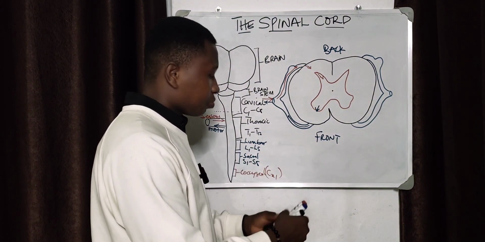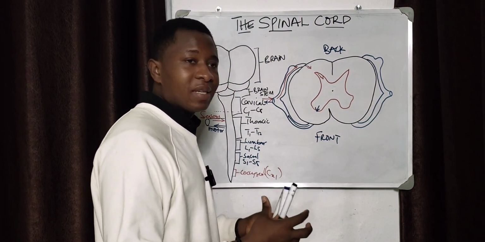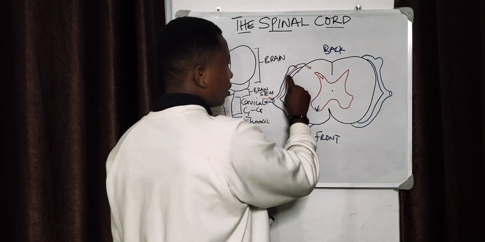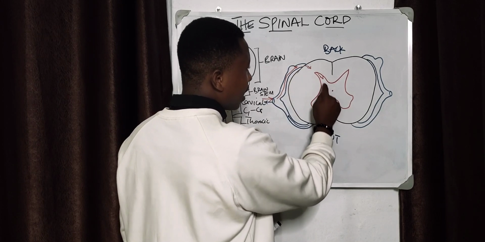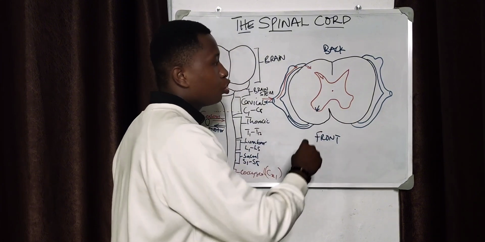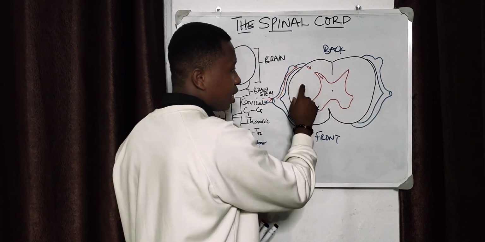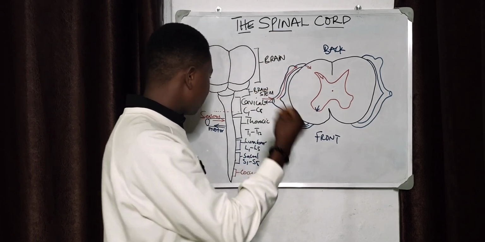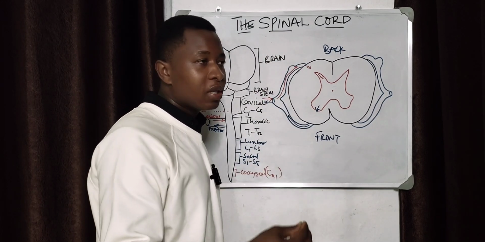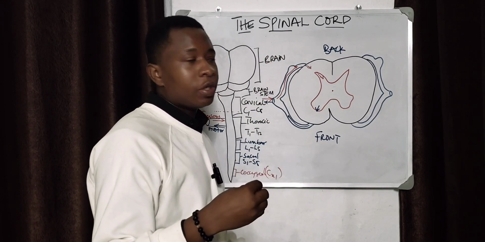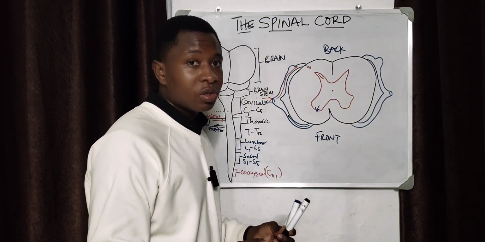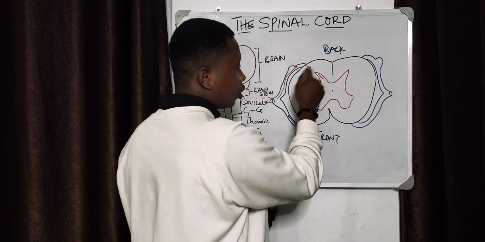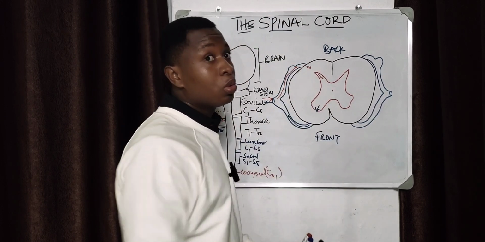Now we have different parts because when sensory information gets into this part and enters here, it has to jump into the highway to be taken to the brain. For sensory information like pain, touch, sensations, this is the route it follows. It follows the back, gets into here, and jumps into the highway and is taken to the brain.